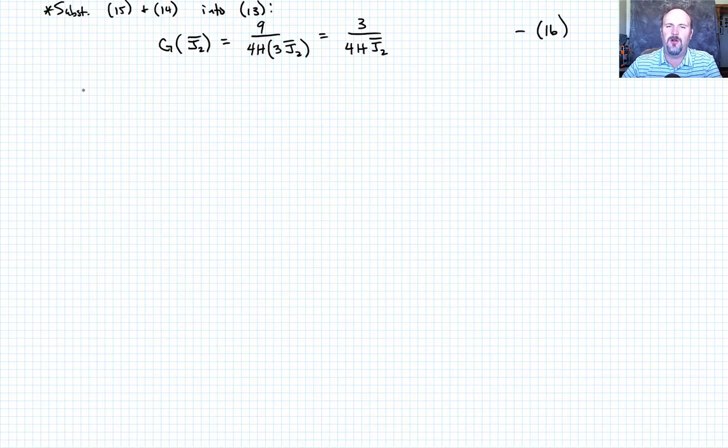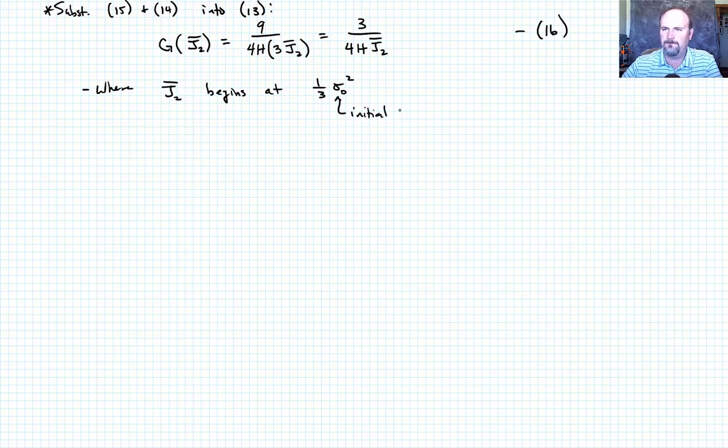Okay, a couple other things I want to note. What can we say about J2 bar? So where J2 bar begins at 1/3 sigma naught squared, right? The initial yield stress squared. That's the initial yield stress. Okay. What else can we say?